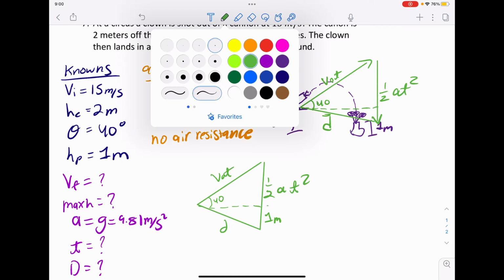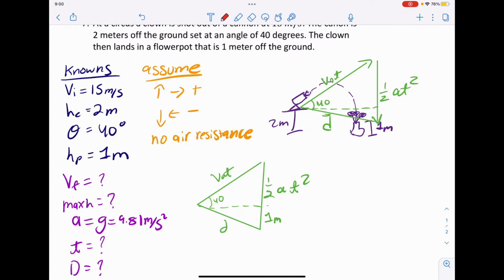Okay, so with this, let's try to turn this into a right triangle. If we know that the distance of this little height is 1 meter, we can actually solve for the displacement in the x by just subtracting that 1 meter from half AT squared. So if we subtract that 1 meter, we actually end up with a right triangle. That didn't do what I wanted it to do.